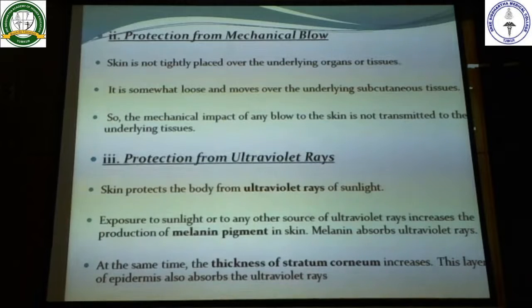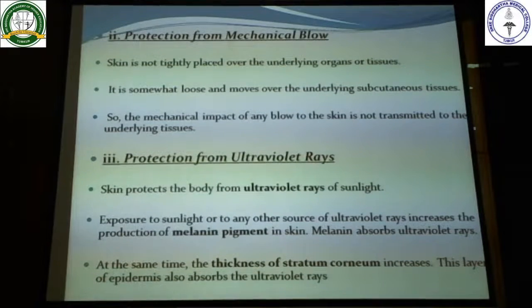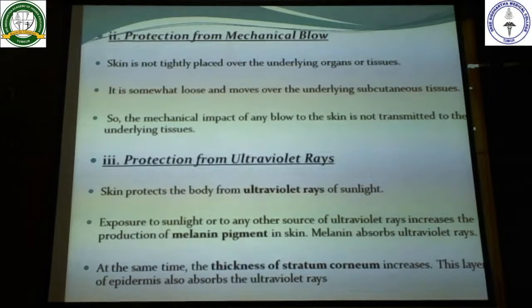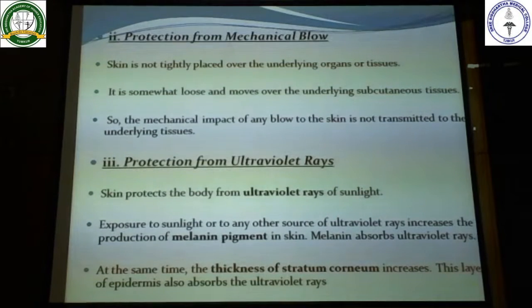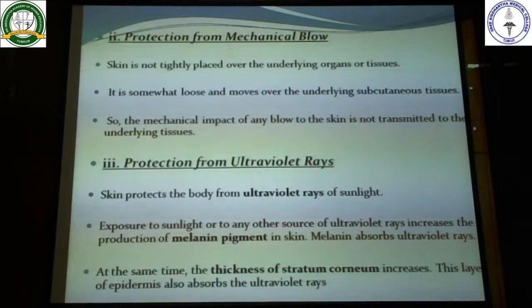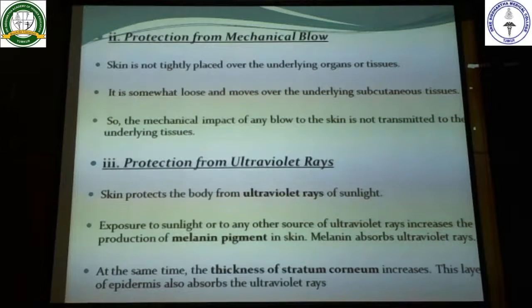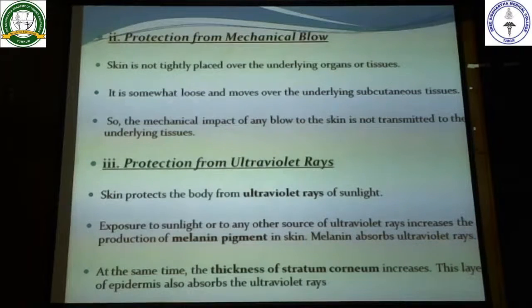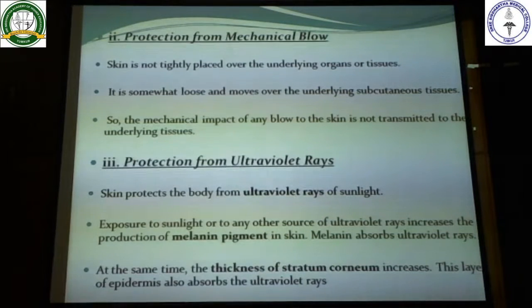Now I just told you that the skin also gives protection from mechanical blows. How does it happen? The skin is not tightly placed over the underlying organs; it is somewhat loose, and it moves over the underlying subcutaneous tissue.